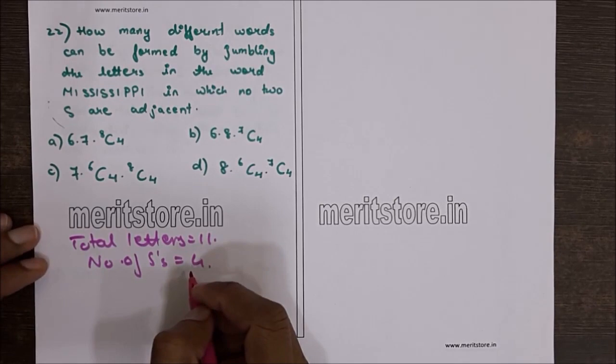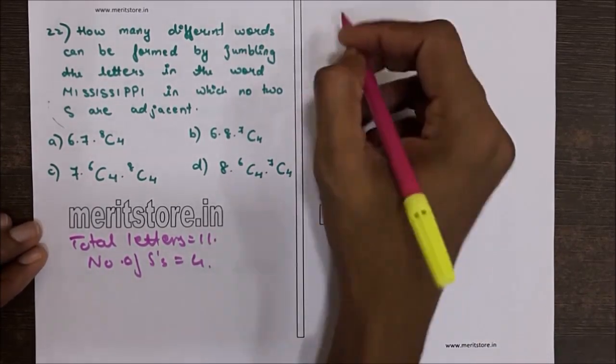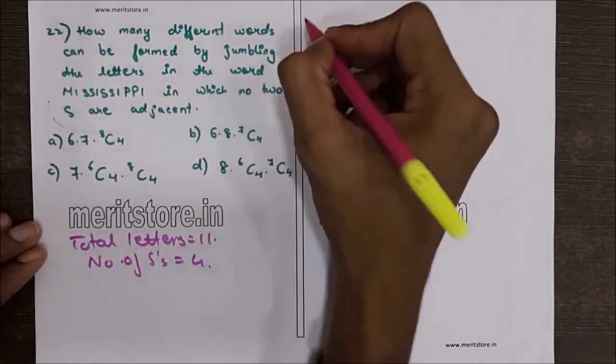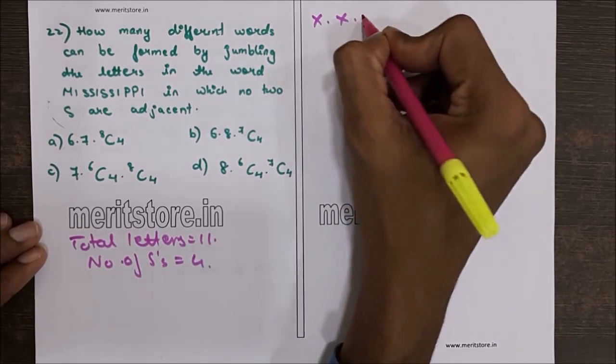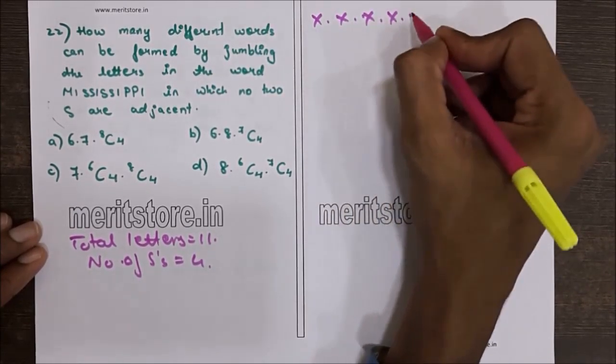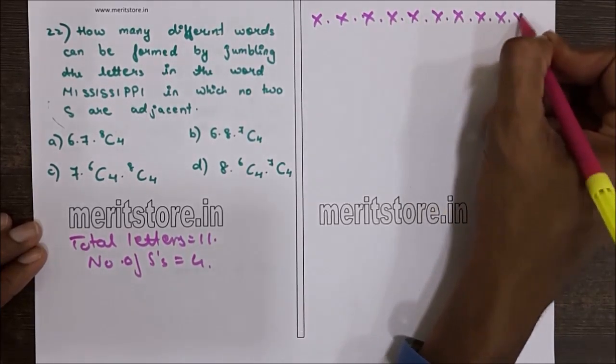First place the 7 letters, and the dots are places other than S, and we write the positions as x 4 5 6 7 8 9 10 and 11.